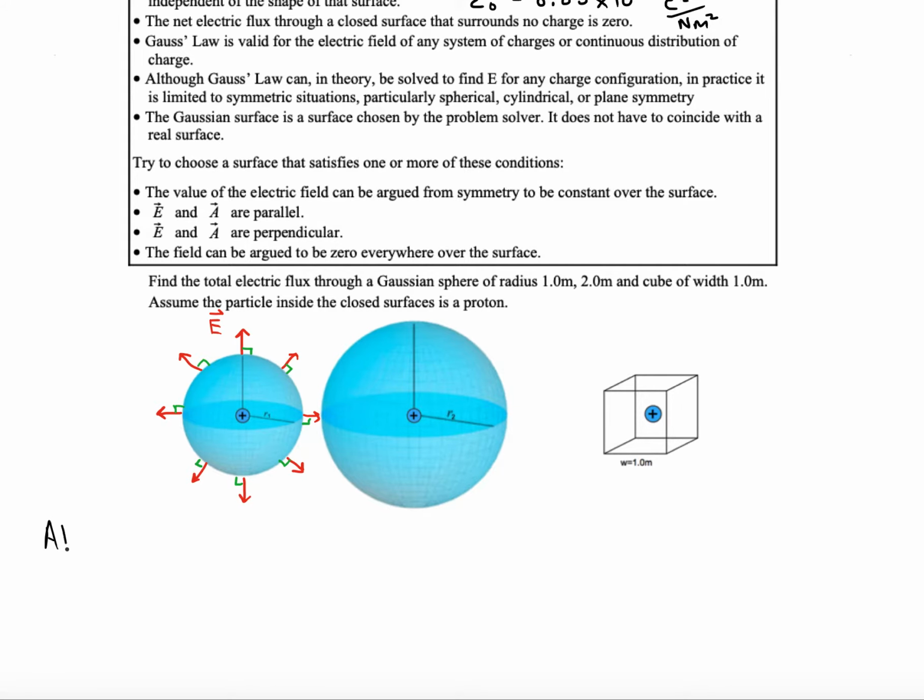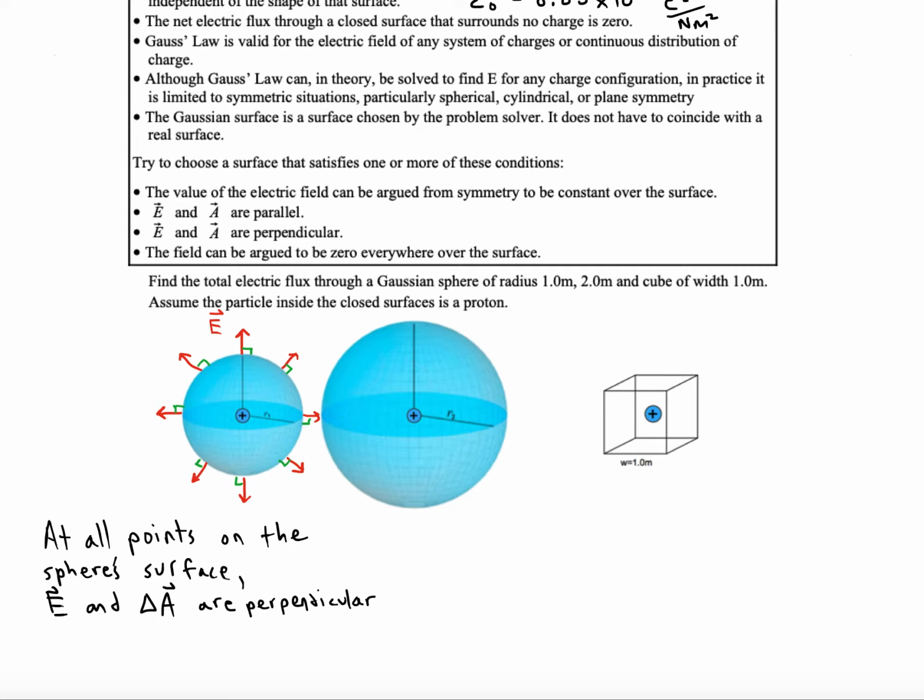So here we see that at all points on the sphere's surface, E and delta A are perpendicular. Not only that, but the magnitude of the electric field is also constant at all those points.